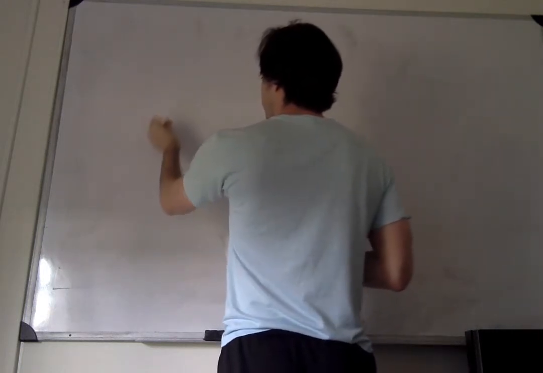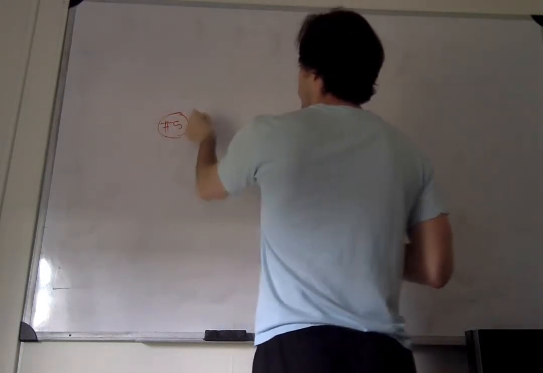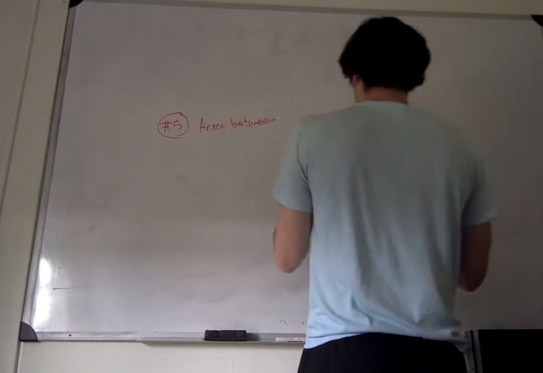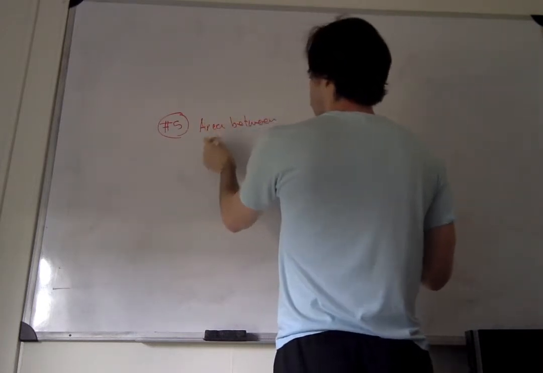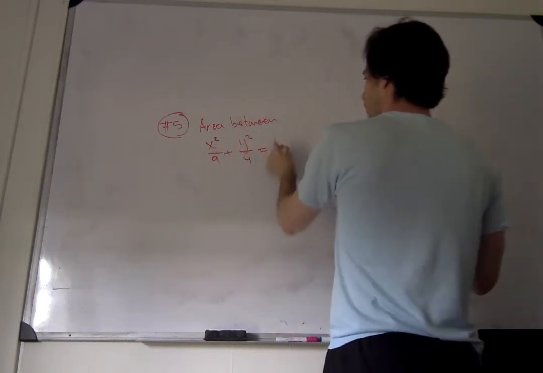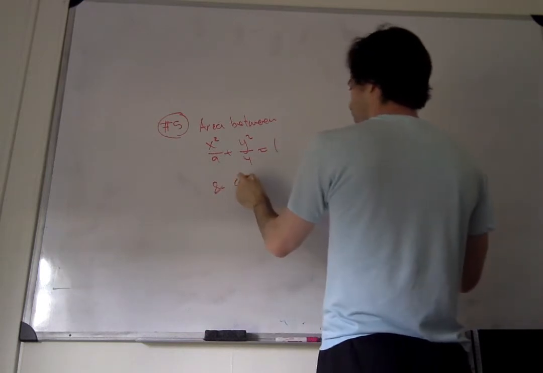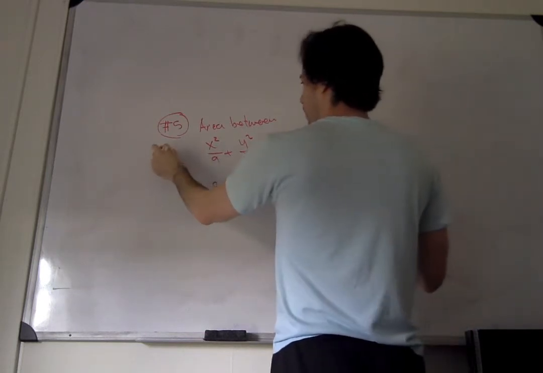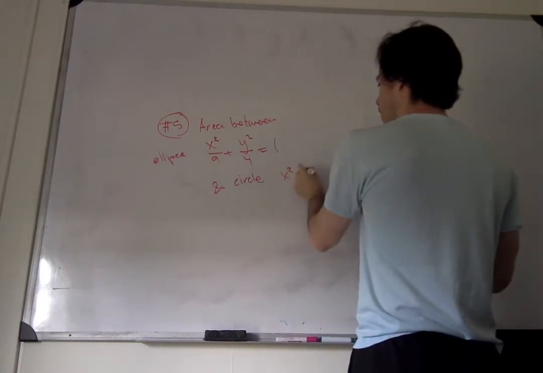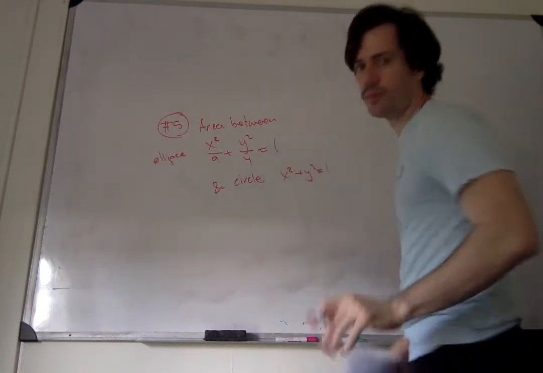So this is 5. So the area between the ellipse and the circle x squared plus y squared equals 1.